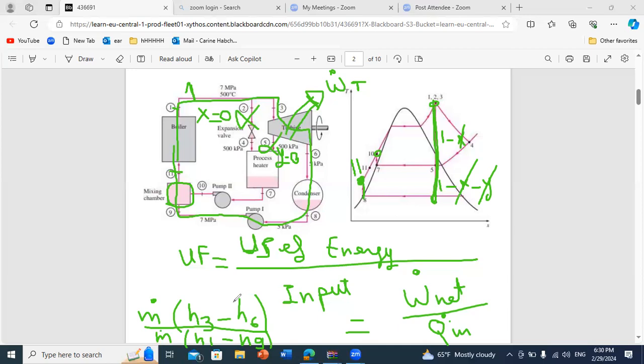Okay. Now, when I do this in peak hours of electricity load, I have high demand for electricity, much more important than process heat application. So I just have to function my system as a Rankine cycle. Now, let us say that I don't want to produce any electrical power.